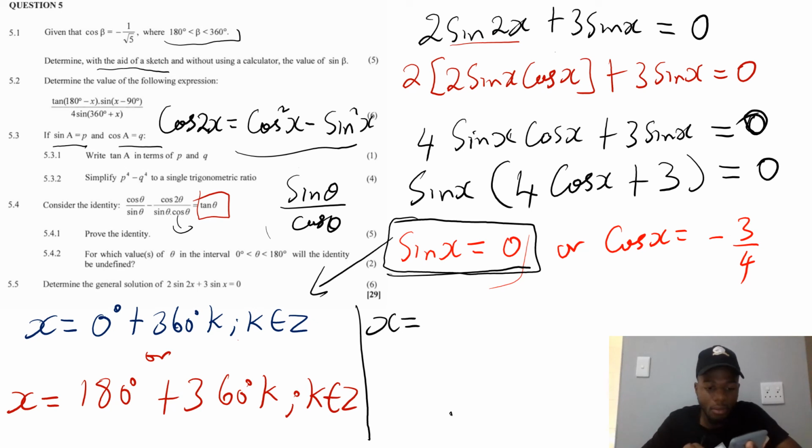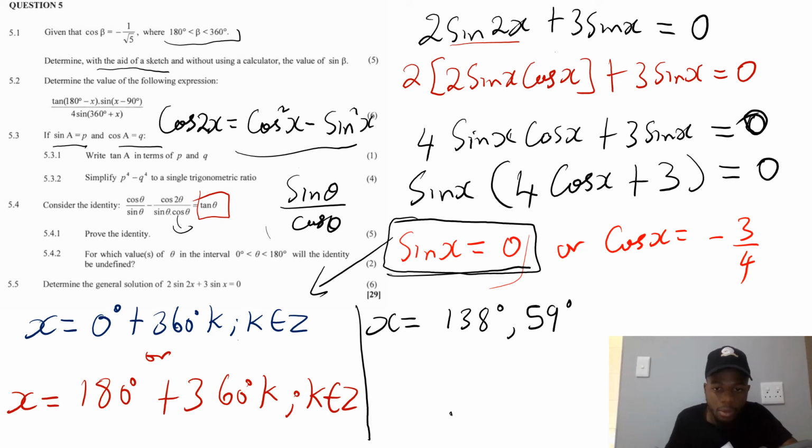We're going to get 138.59 degrees plus 360 multiplied by k, k an element of all integers.